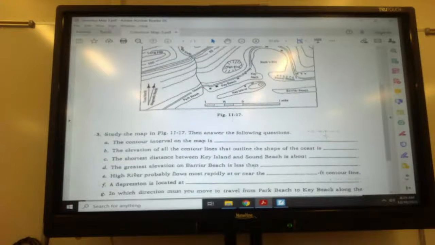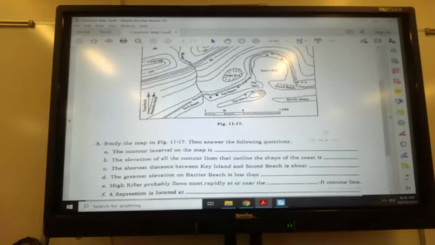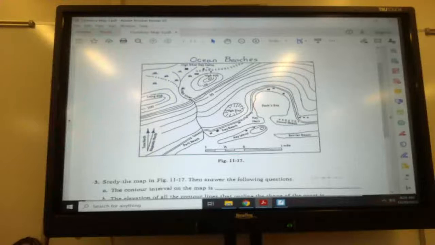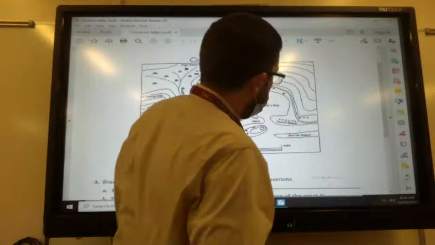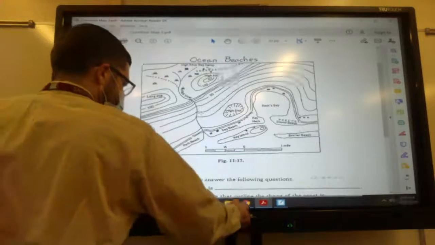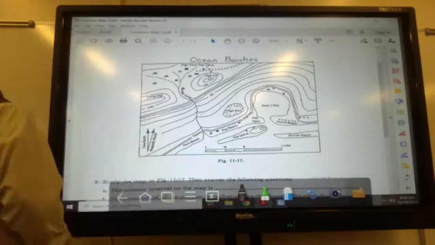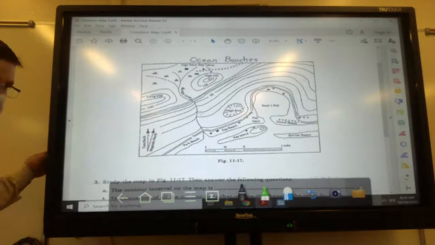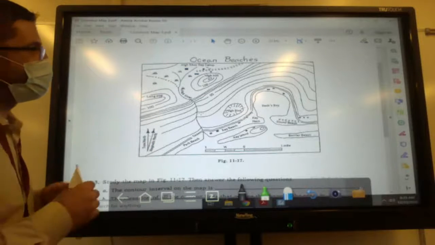High River probably flows most rapidly at or near which foot contour line? There's High River. So kind of going back to what you learned last year in science, physical science.